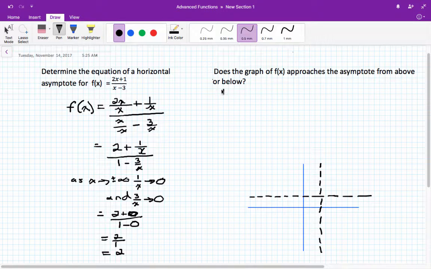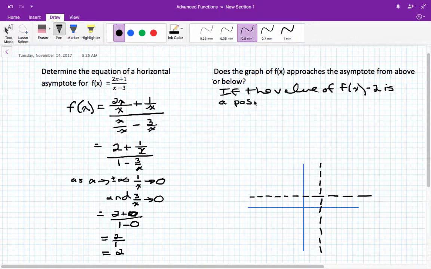So if the value of f at x minus, in this case, 2, is a positive number, the graph approaches from above.